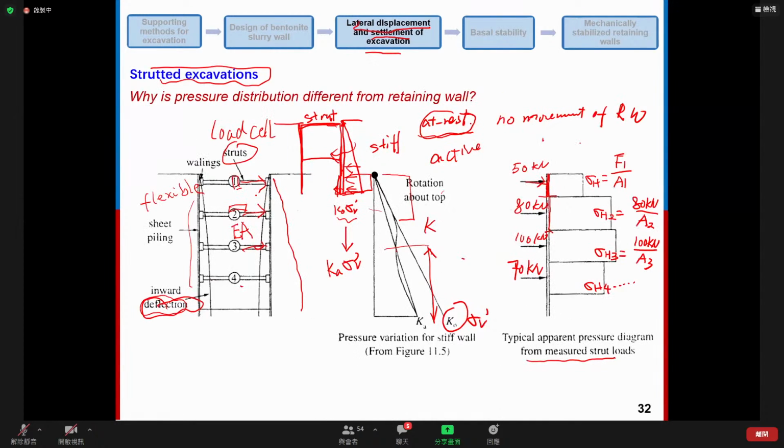Okay, let's go back. So here we have the pressure distribution behind the retaining wall. This is because we have the measured load. But for example, if this one changed from 50 kilonewton, let's say, to 100 kilonewton, the distribution of the pressure is going to be larger.